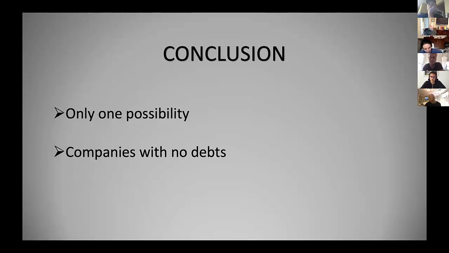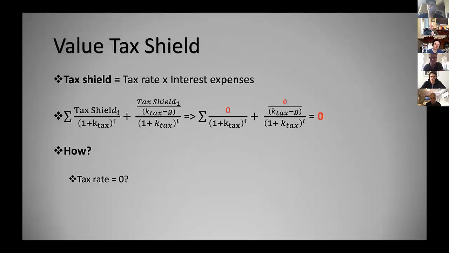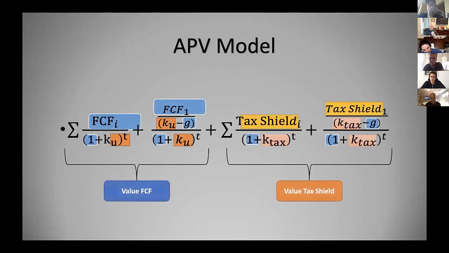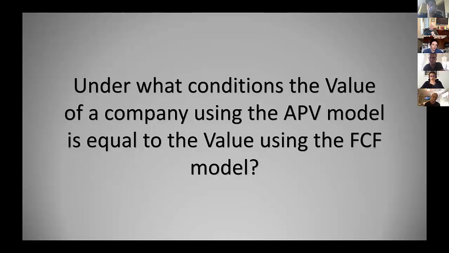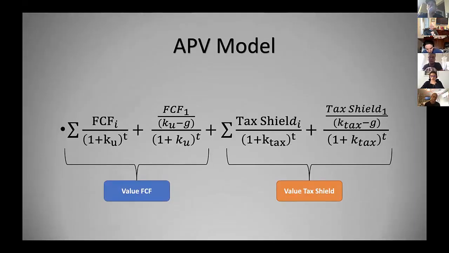I would say that it might be interesting to use the APV model, since the good part is that you're taking into consideration the cash flow, but you're also taking into consideration the money you will save by borrowing money, because you will have a lower tax income. So I would say if you're using a lot of debt, it might be a good idea to use the APV model, but that's personal.